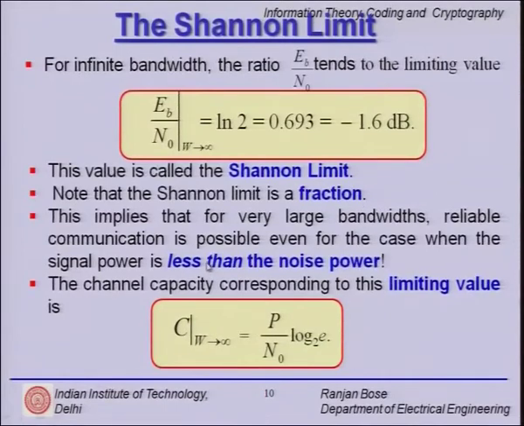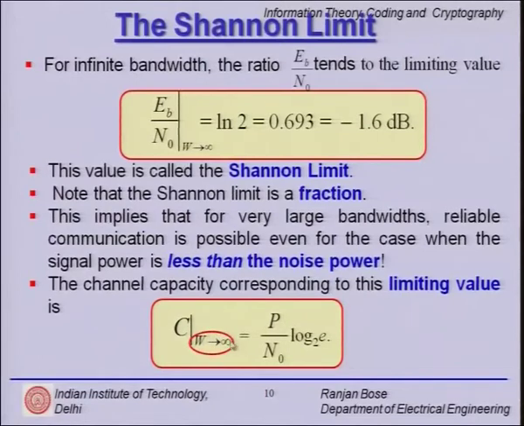This is not obvious that even if my signal power is less than noise power, I can still do reliable communication. On the other hand, if you have the expression for capacity as W tends to infinity, then you are limited by this power of the signal, so it is SNR. So, this kind of gives you a limiting factor about the capacity.